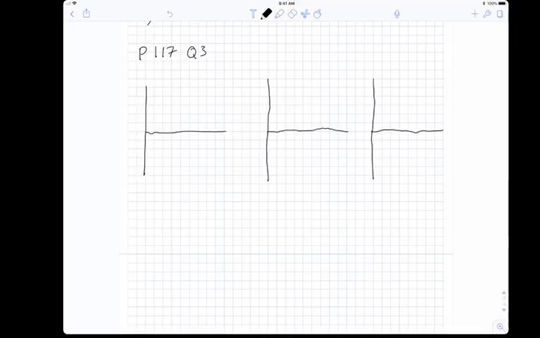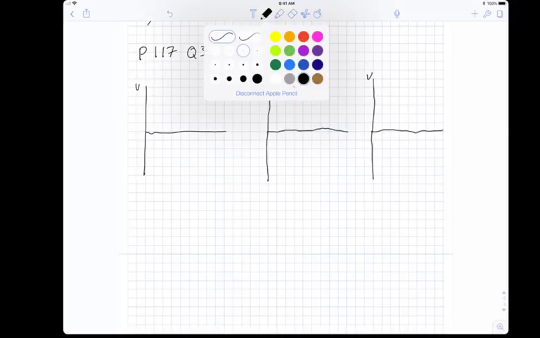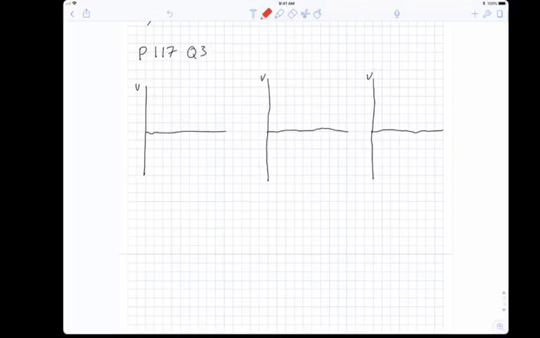V. All right. So let's draw the velocity versus time graph for some of these. If they have the same mass, then your initial velocity is going to look like that for A, velocity for B, and then they're going to collide.